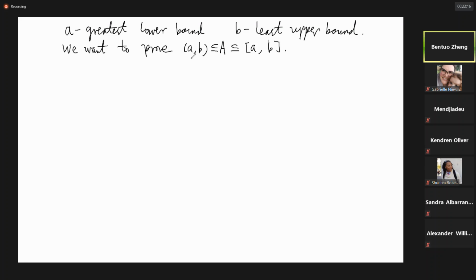To prove the open interval (a, b) is in A, it's enough to prove any number between a and b is contained in A. So let x be in the open interval (a, b), then we know that x is greater than a and less than b. This is the definition.